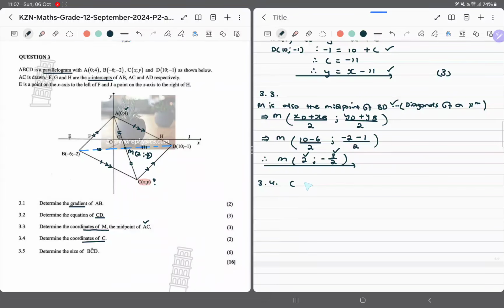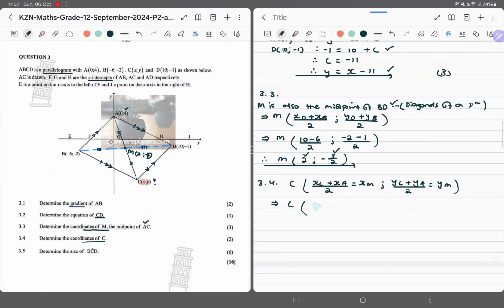So we know that coordinates of C are such that, maybe let's start with C, x at C plus x at A over 2 should give us the x coordinate at M, the midpoint. Likewise, y at C plus y at A over 2 should give us the y coordinate at M, its midpoint.